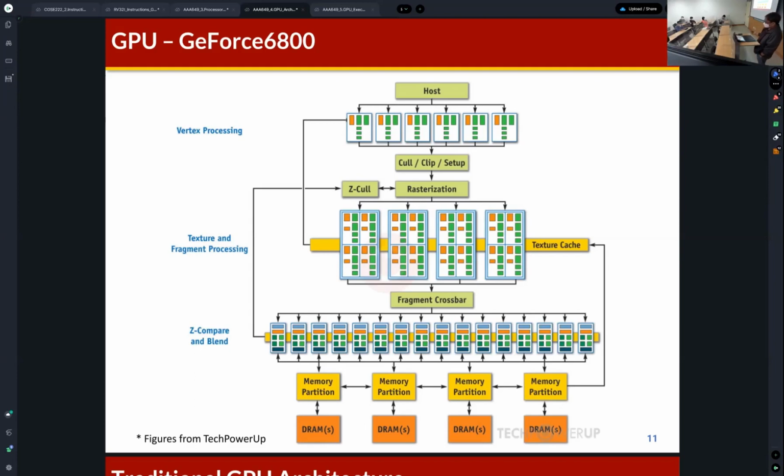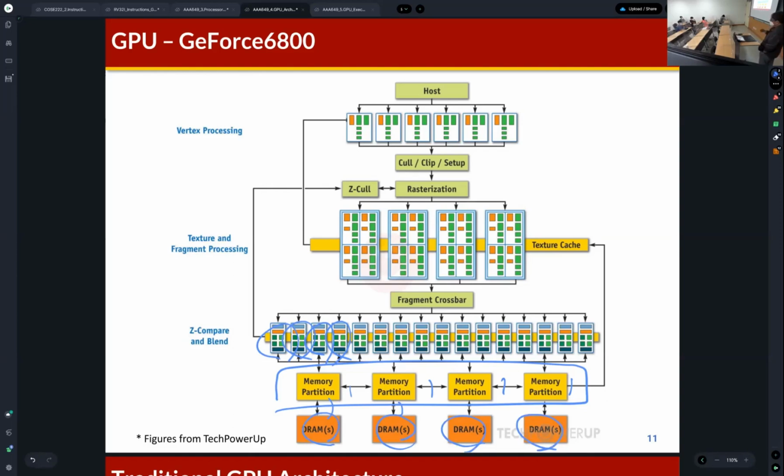But in order to support graphics applications efficiently, GPUs already have a parallel processor architecture here. Also, as you can see, the memories are partitioned. You can find many memory partitions here, and each partition is connected to an independent DRAM.